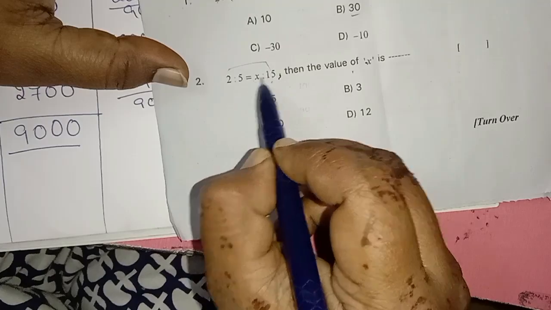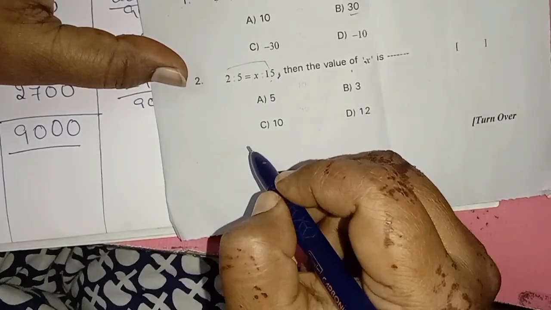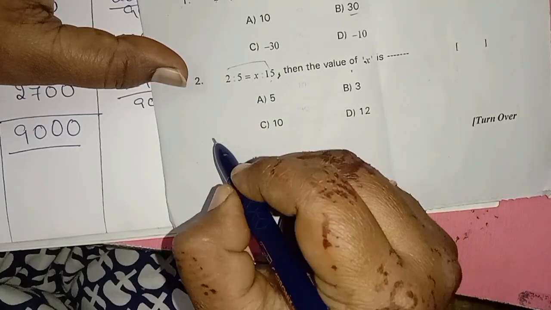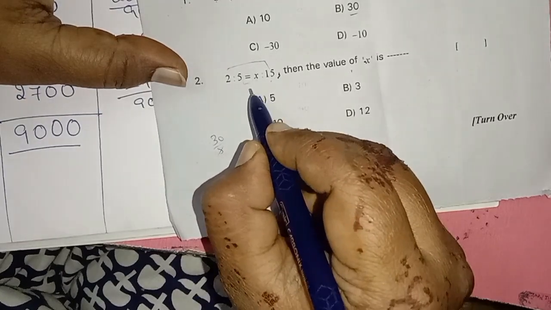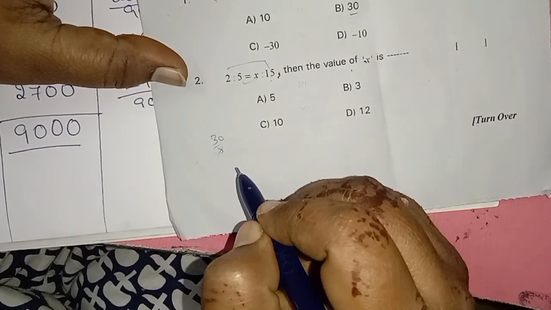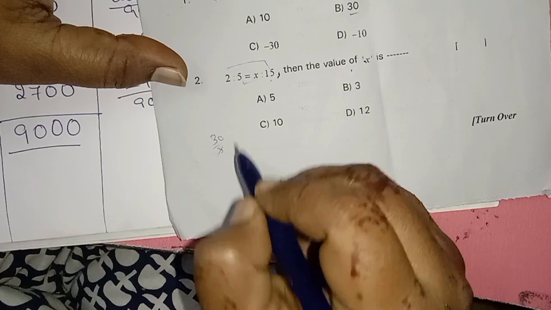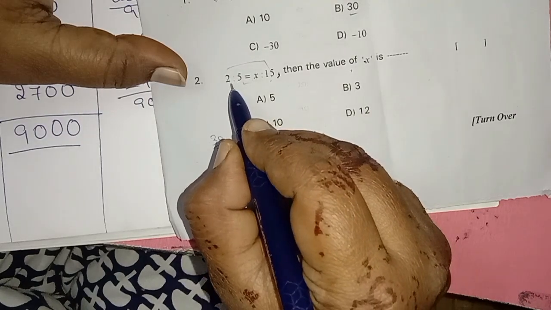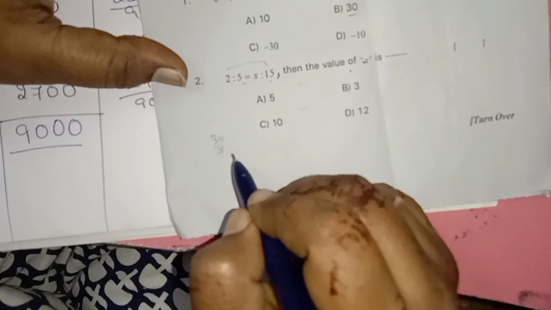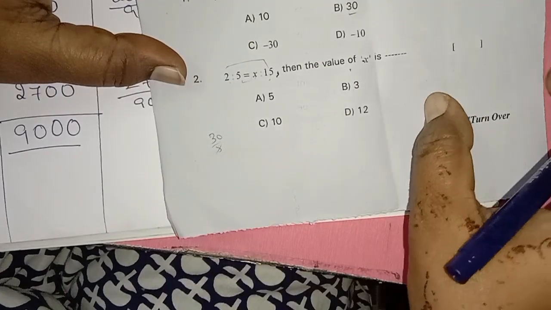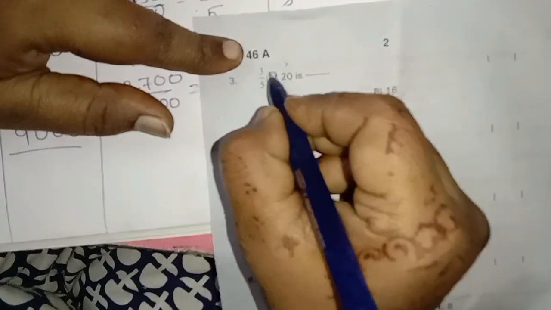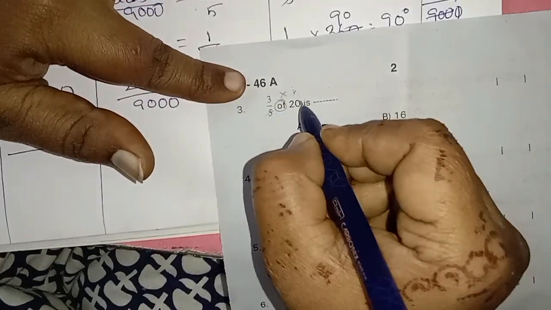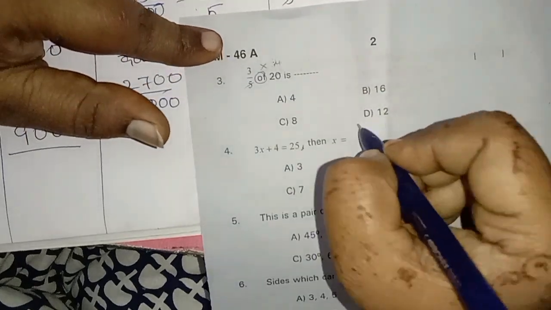So 15 into 2 is 30, 30 by 5 is 6. It is 6. Then 3 by 5 of 20: 'of' means you can keep the multiplication sign directly. 5 ones are 5, 5 fours are 20, 3 fours are 12. Answer 12.